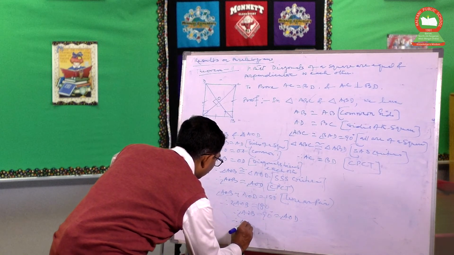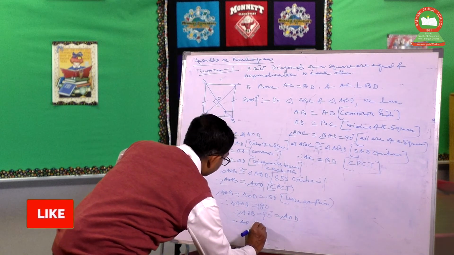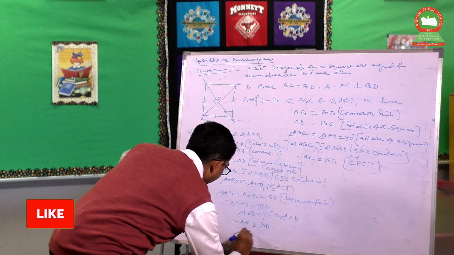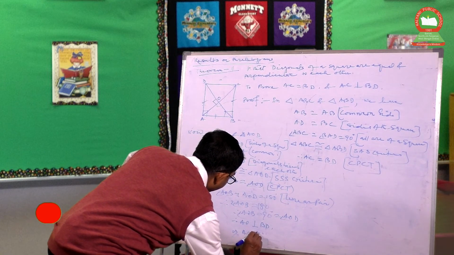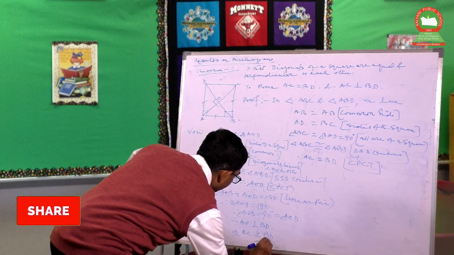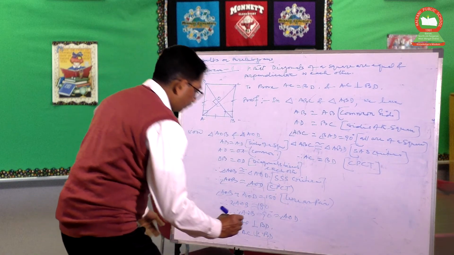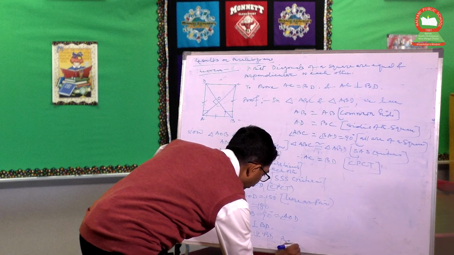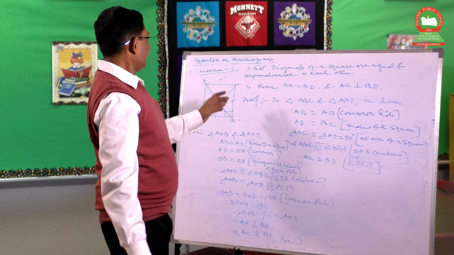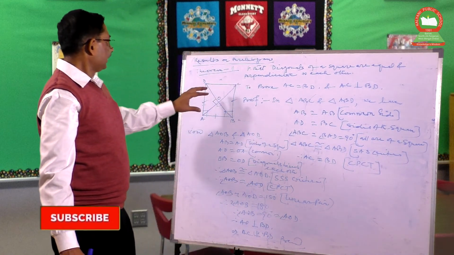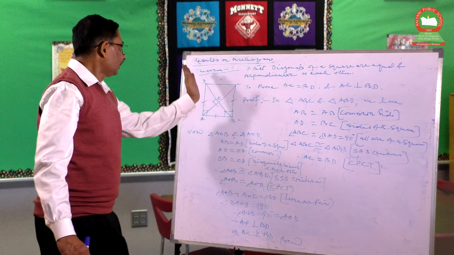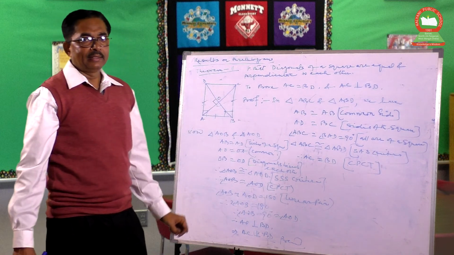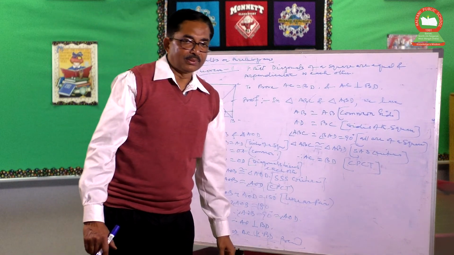Therefore, AO is perpendicular to BD. That is, this implies AC is perpendicular to BD. So this is proved, which is what was required to prove. So here we can conclude that in any square the diagonals bisect each other at 90 degrees. Thank you very much.